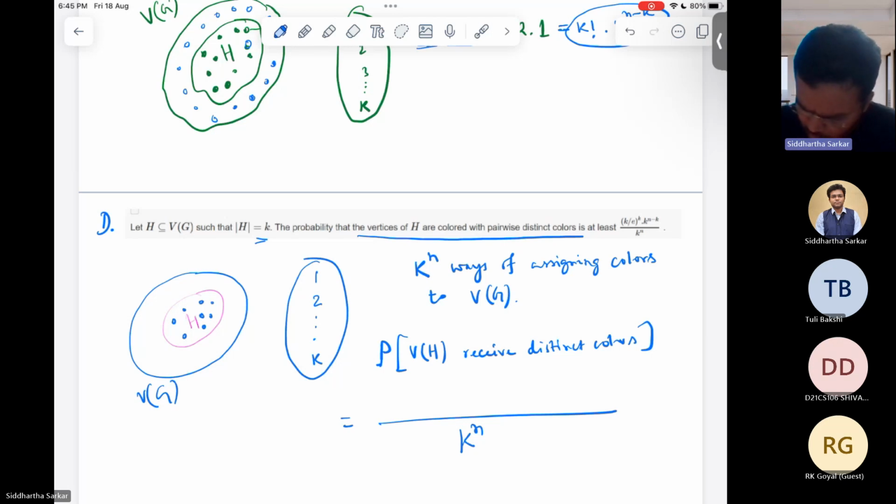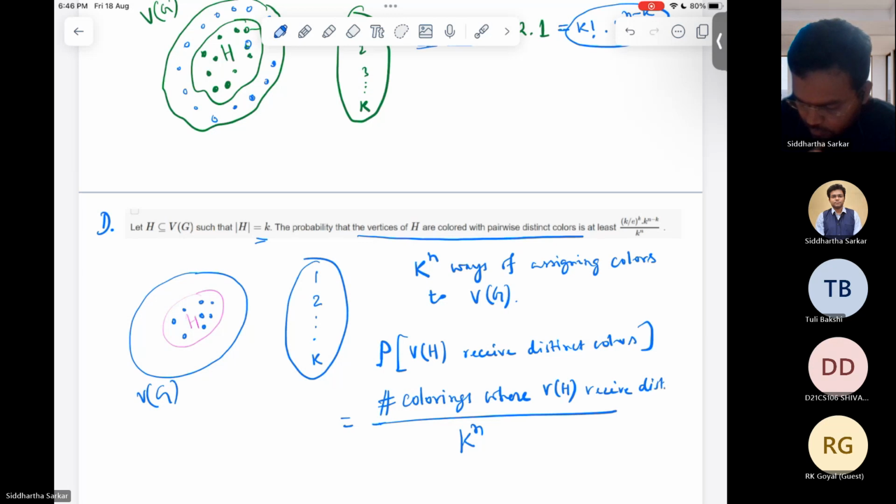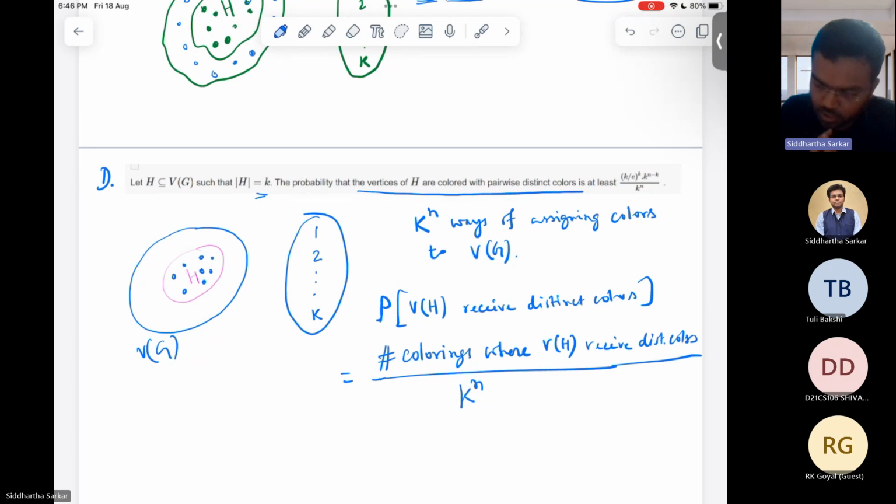Now the question is, how do we find the numerator? Numerator is the count of how many colorings there are where vertices of H receive distinct colors. So we are interested in this quantity.